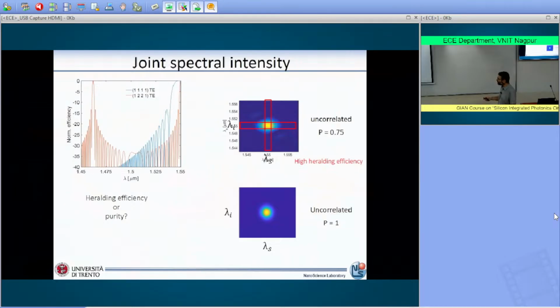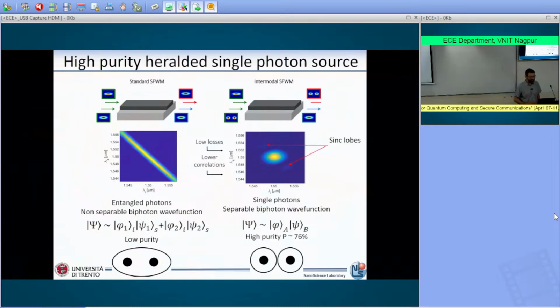So in this case, we get both a high heralding efficiency as well as a very large purity. And so by using intermodal four-wave mixing, you get very strongly correlated photon pairs.